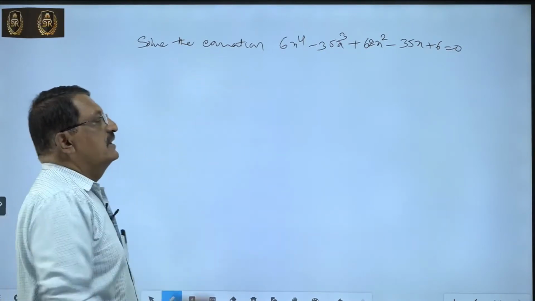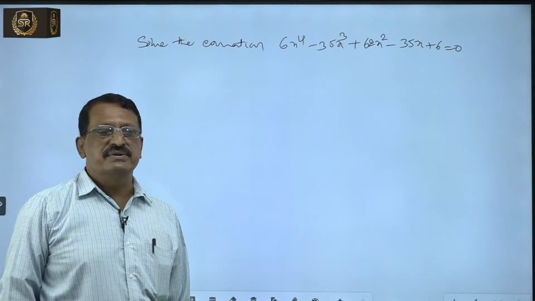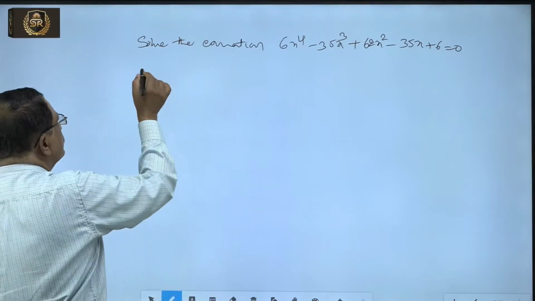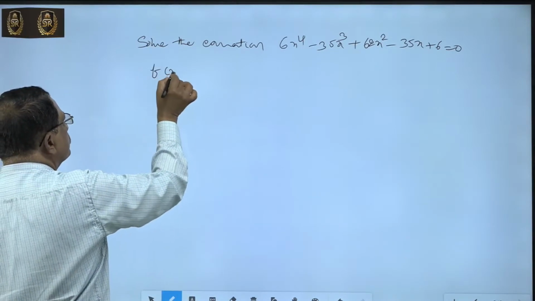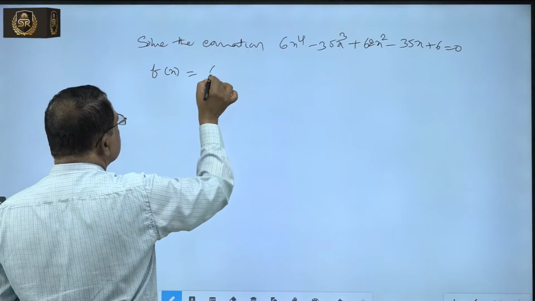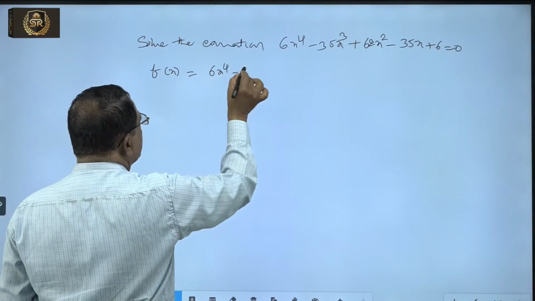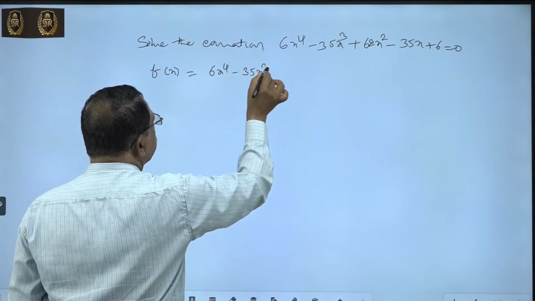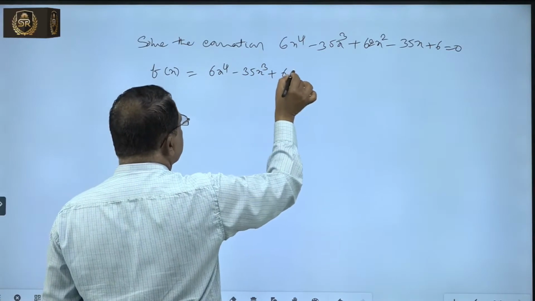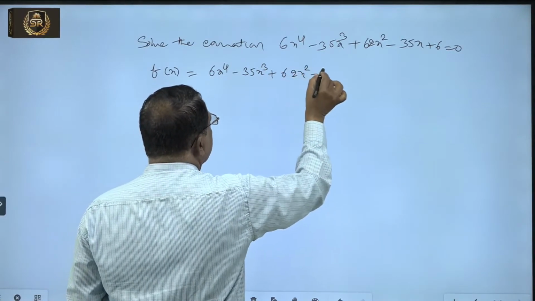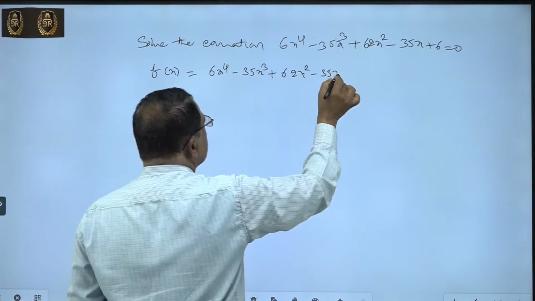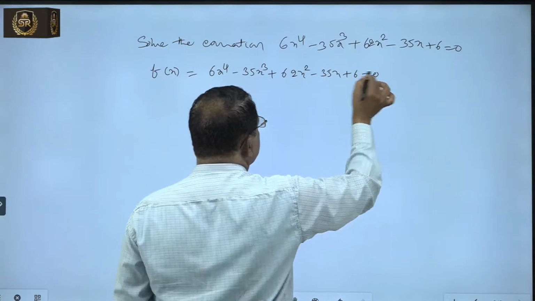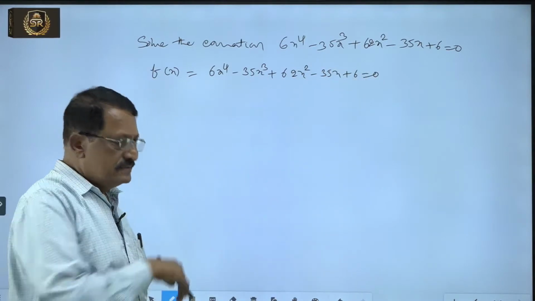Solve the equation, or find the roots of the equation. Now, the given equation is f of x equals 6x power 4 minus 35x cube plus 62x square minus 35x plus 6 equals 0.